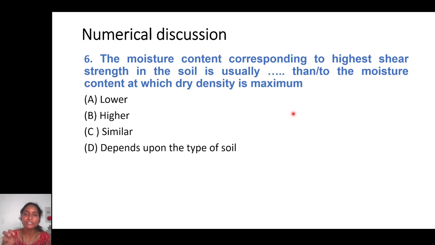So the shear strength will be maximum only when they are in a completely flocculated state. So anytime we want to compact the soil for higher shear strength, it is always on the dry side, which is nothing but the lower water content than the OMC.